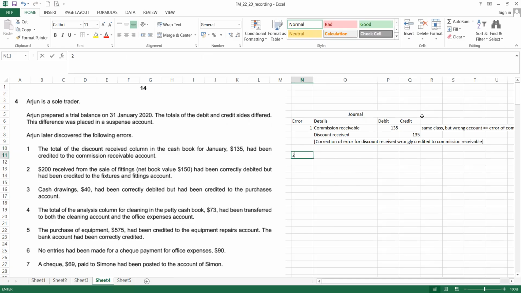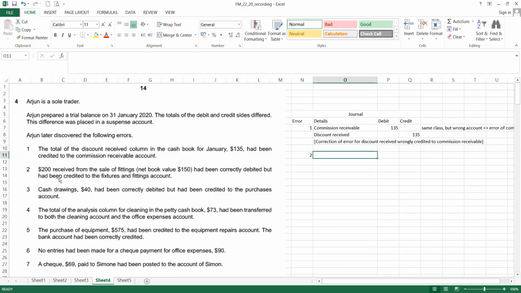Okay, second, 200 received from the sales of fitting. Net book value of 150 has been correctly debited but has been credited to the furniture. That means here they say it has been correctly debited, but this is a sale of the fitting, a disposal.